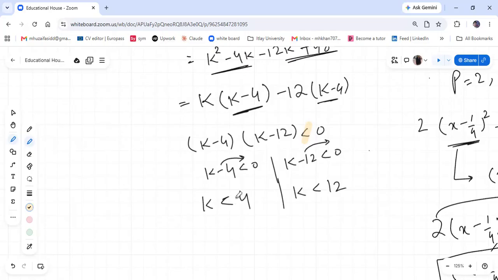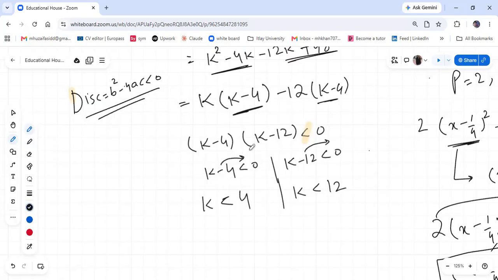for the curve to lie above the x-axis. That's why I'm setting our discriminant b square minus 4ac less than 0. That's why I'm using this one factor. And second one is k minus 4 is less than 0. When we are saying that the minus term is less than 0, this is okay.